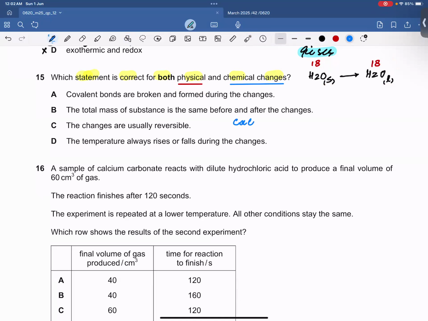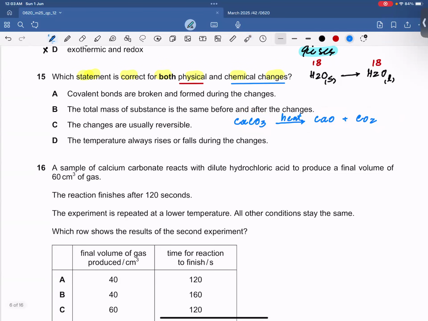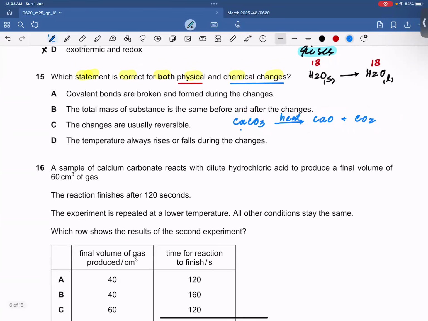For chemical change, let me give you an example here. This is calcium carbonate. If you provide heat, it undergoes thermal decomposition and will turn to calcium oxide and carbon dioxide. Look at this. New substances are formed, which is why it is a chemical change. But what's so important in that? Look very carefully. The molecular mass of calcium carbonate is 100 gram. The MR of calcium oxide is 56 gram.